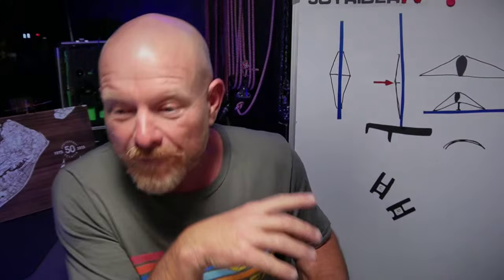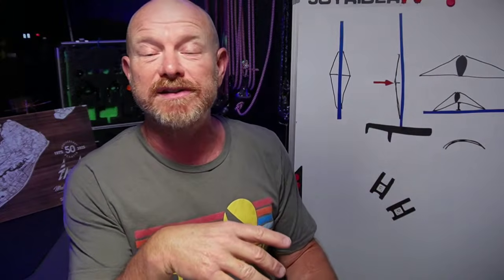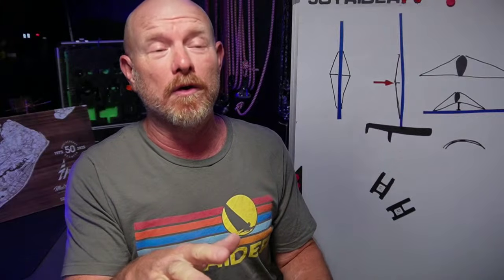Now, the other effect of the prebend in the mast is it makes a huge difference to how easy it is to get the downhaul on. So if you've been watching these Q&As for a while now, you'll know all about the downhaul.